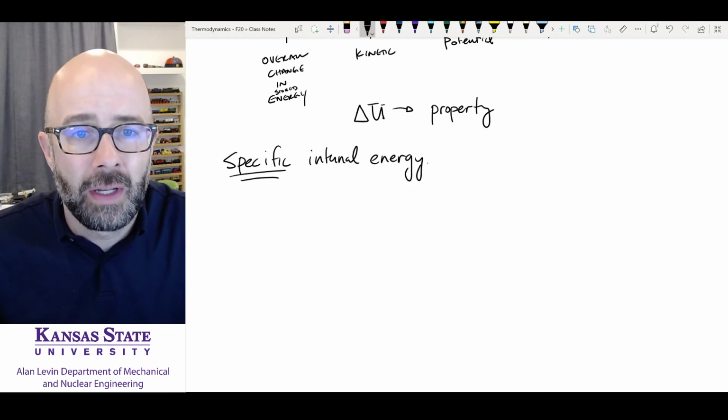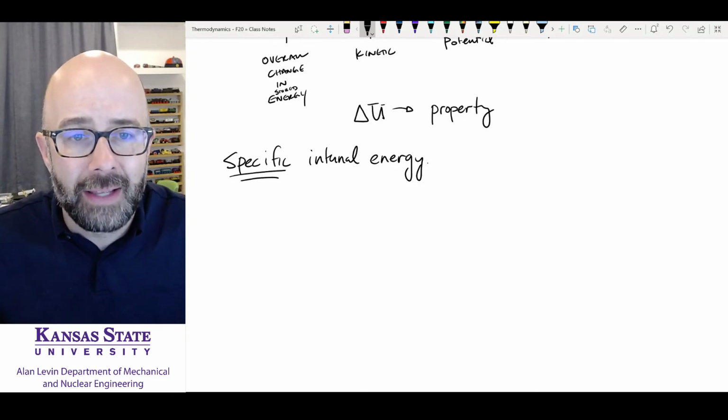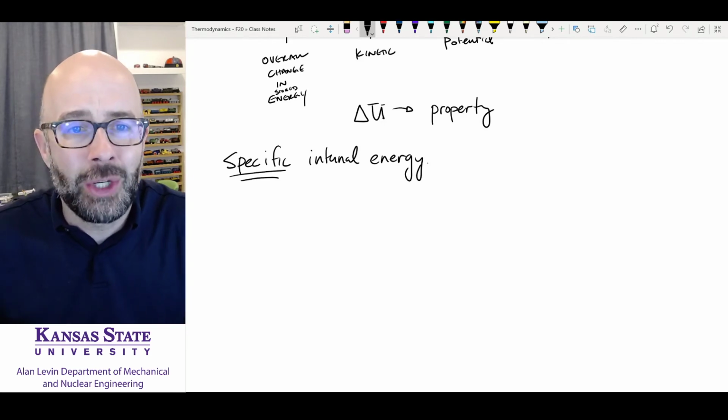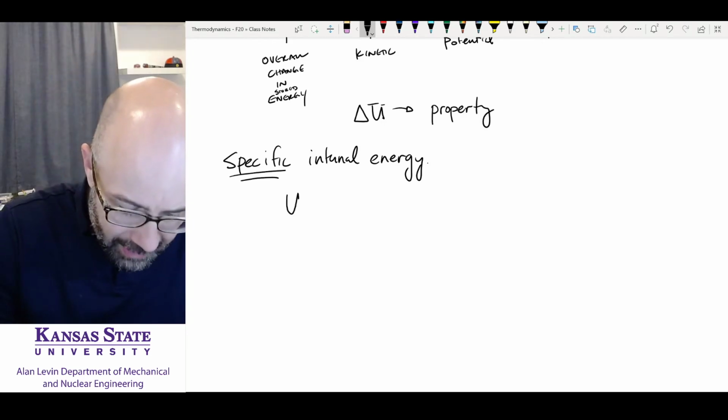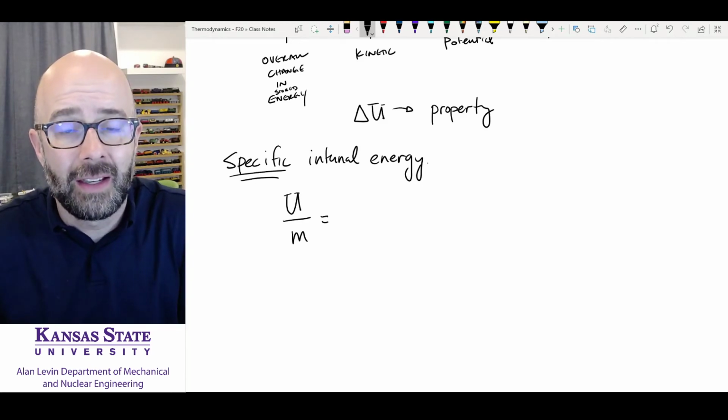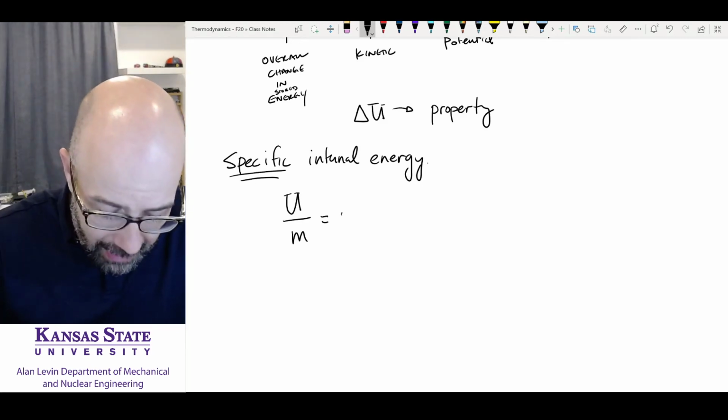Specific volume was volume over mass. So what do you think specific internal energy is? It's internal energy divided by mass, and just like specific volume was volume over mass and we labeled it as a lowercase v, internal energy over mass we're going to give it as a lowercase u.